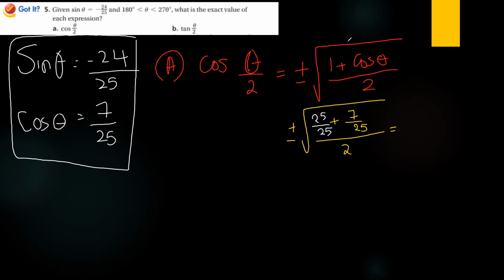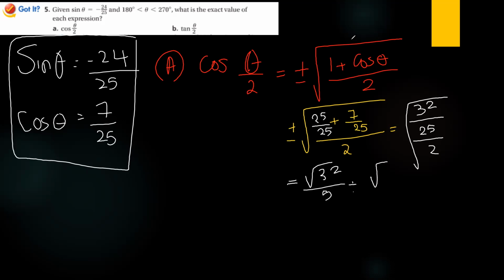Then 25 plus 7 is 32 over 25, over 2. So it is the square root of 32 over 5 times 1 over square root of 2. And what do I need? I need to simplify 32. Now 32, as you know, is 16 times 2.